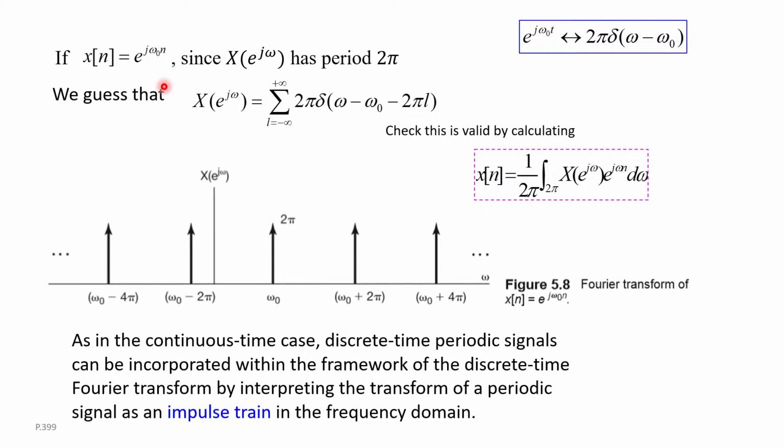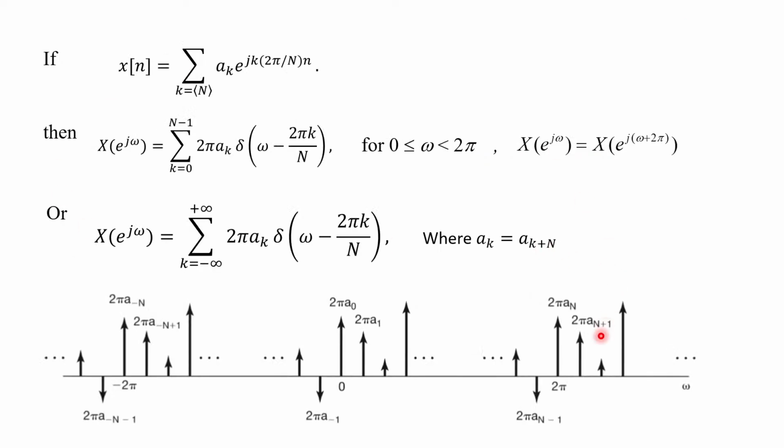So this complex exponential is going to be transformed into this impulse train, which we can also check by doing the inverse Fourier transform. Then we can write a periodic function as a sum of periodic impulses. But we'll see this next time.